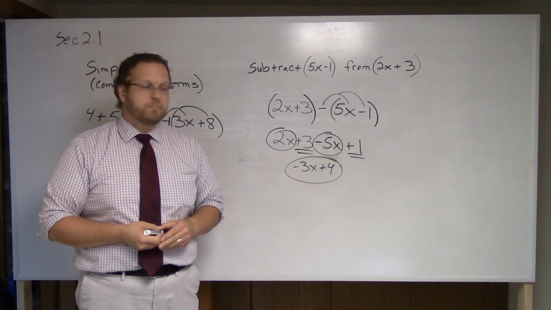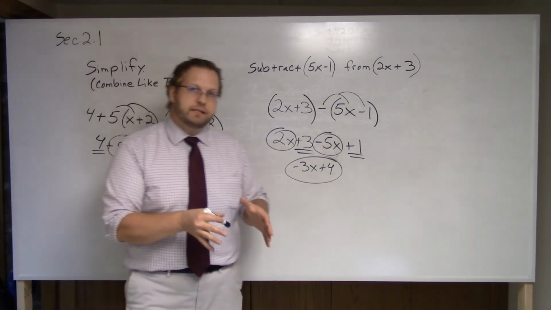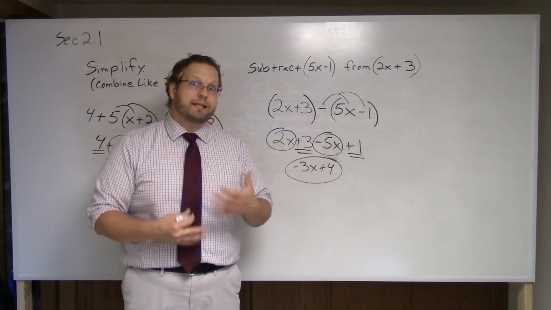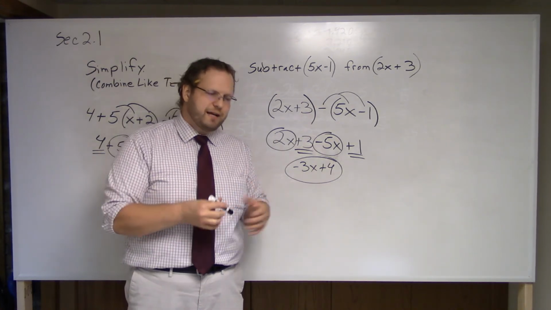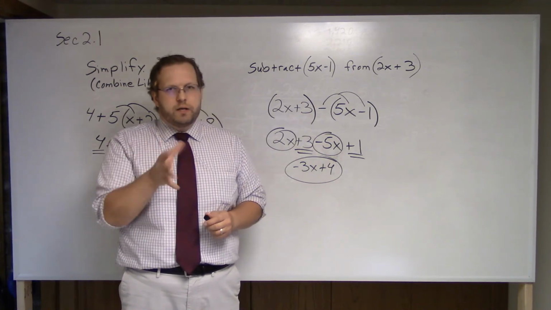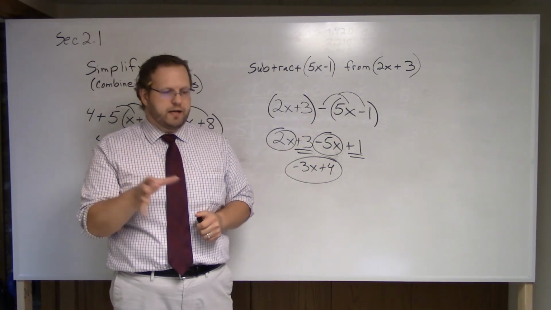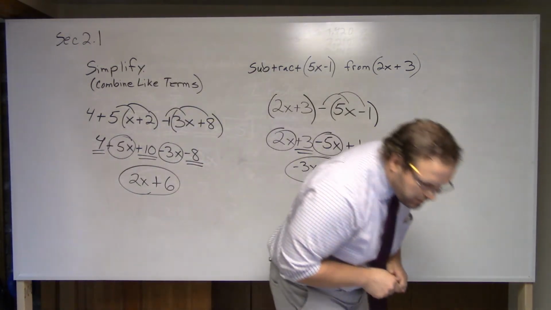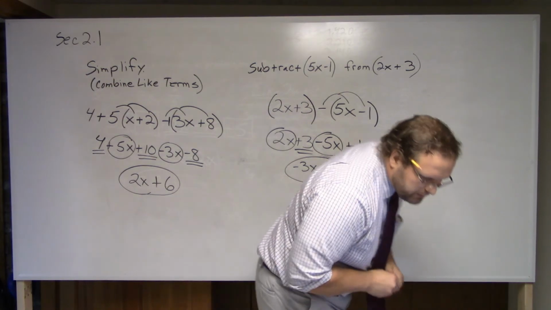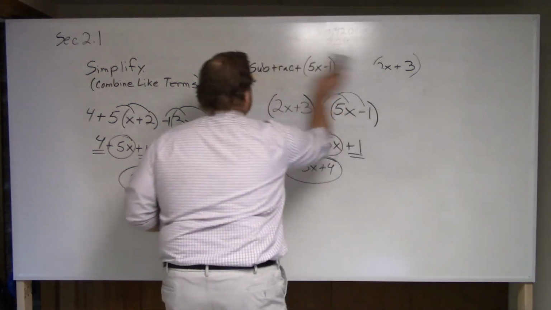Okay? The last thing that they throw at you in this section is some more translating. And we've talked about that in the past. You've practiced that in the past. But there's just one example that I want to be clear on. And that is going to be this.